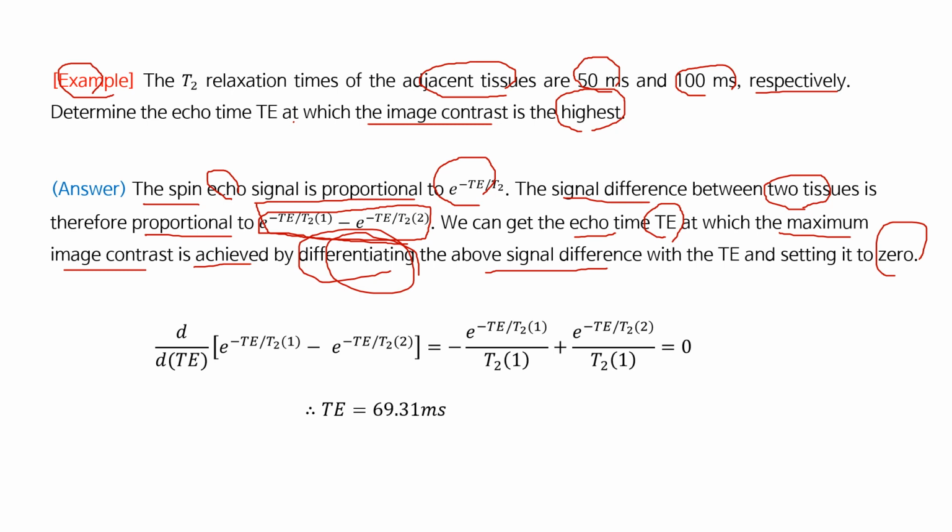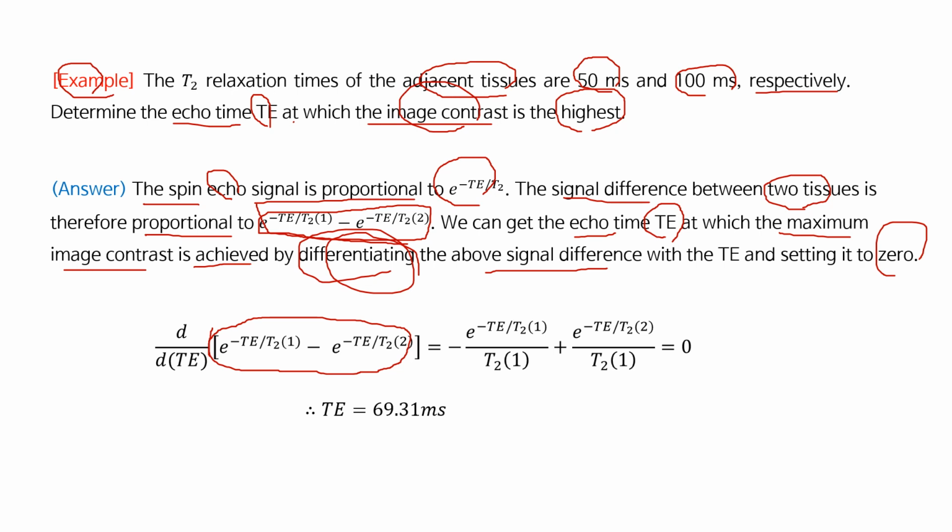So the signal difference between two tissues is given by this expression. We want to find the echo time TE at which image contrast is highest. We can get the maximum point by differentiating the equation and setting it to 0.